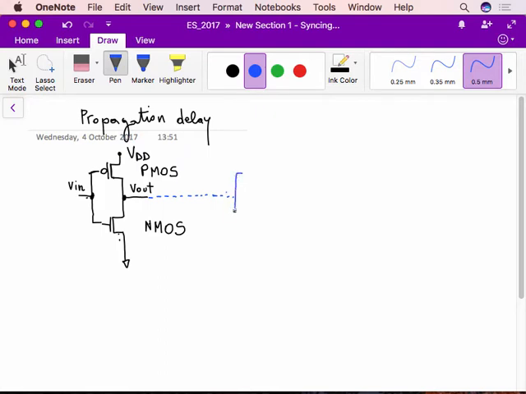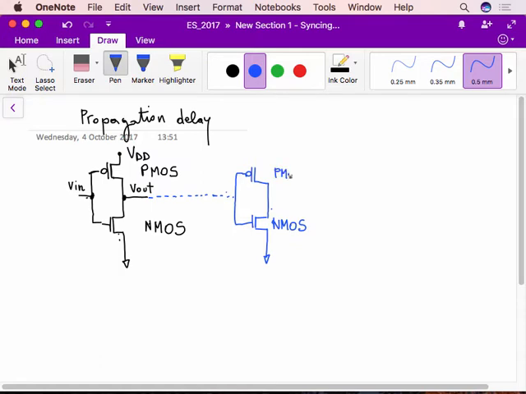So let's assume we have a second inverter here with again an NMOS and the PMOS here. And okay, in principle we can have a chain like that.